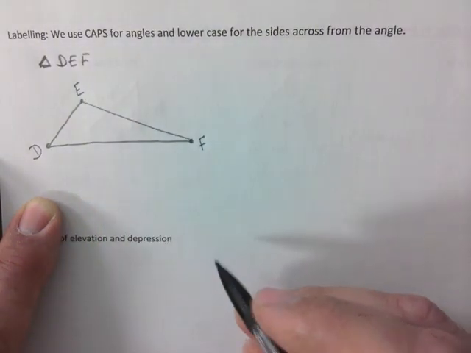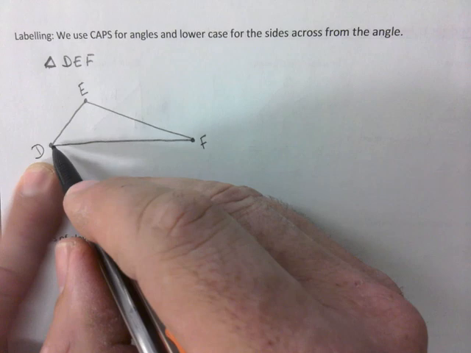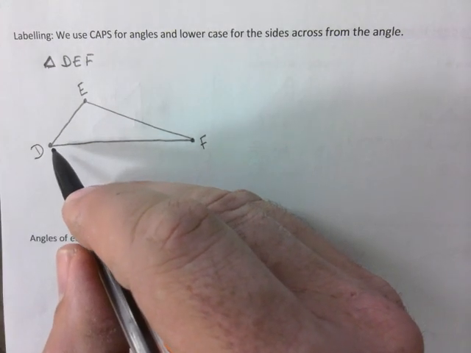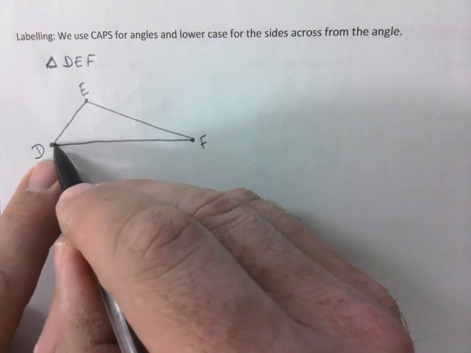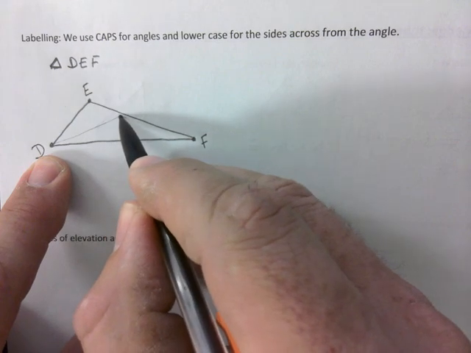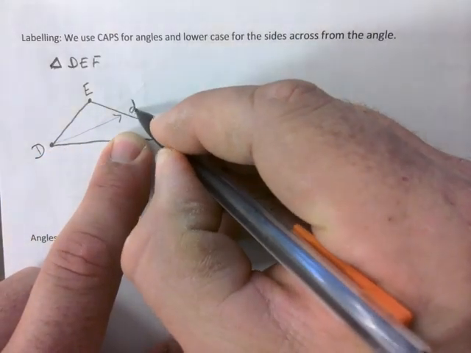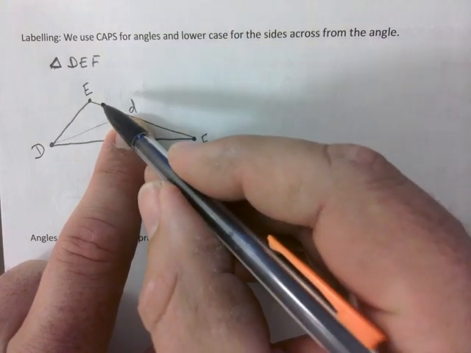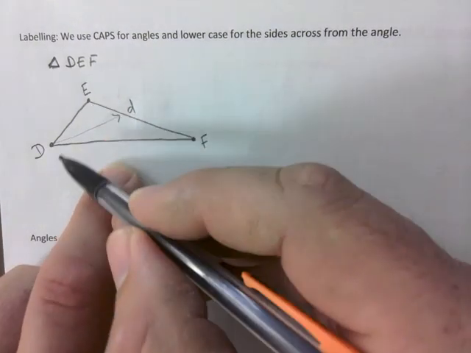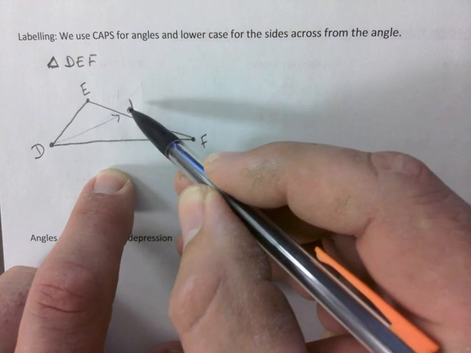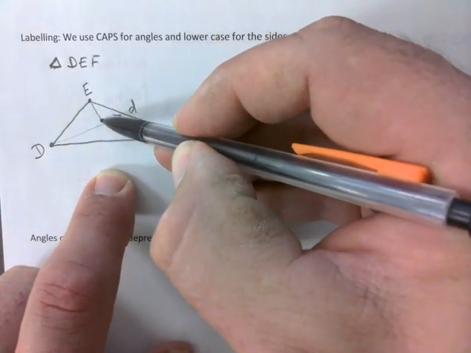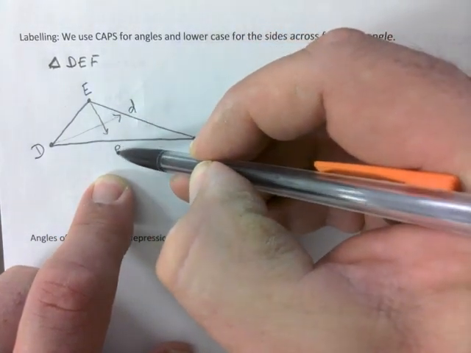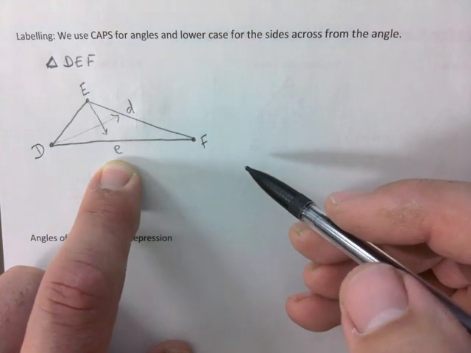the angles, and then we go labeling the sides. Watch this carefully. The side across this angle is called lowercase d. That's how we know. If I ever say, solve for side D, you know you're going to solve the one that's across angle D. And across capital E, this is side E, lowercase.